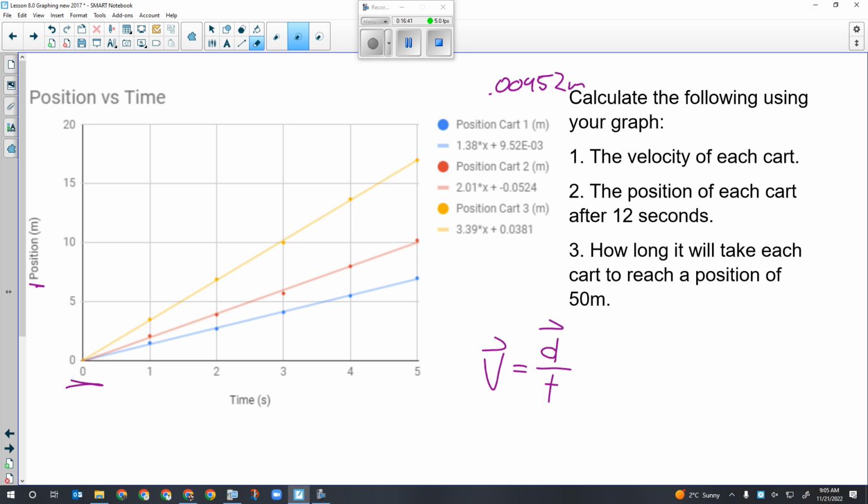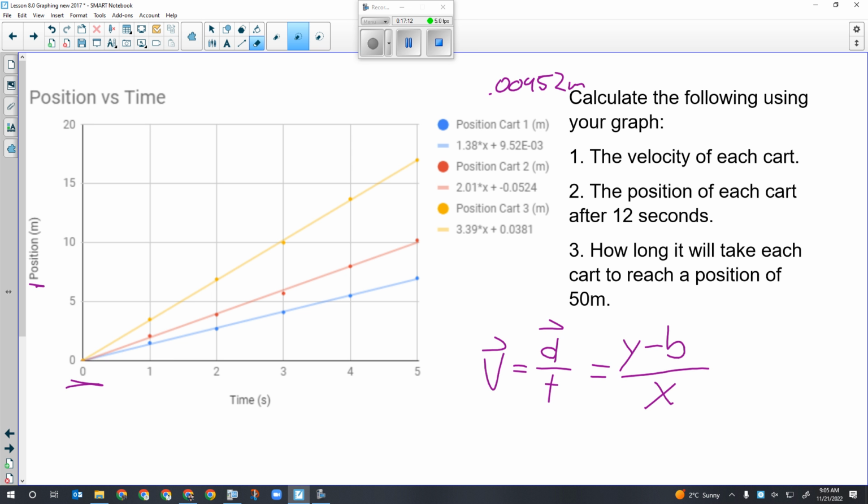So could I say that the change in position would be my last y value, my final position, minus my initial position? That's what's true, right? My final position would be my last y value, so I'd call it y. B, we've already said, is my initial position. And divided by time.